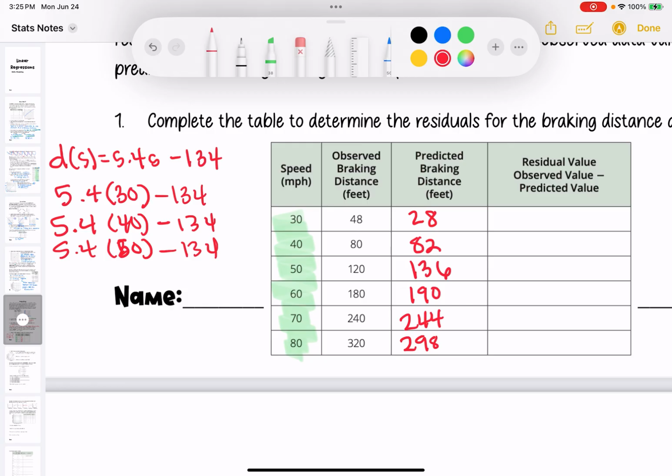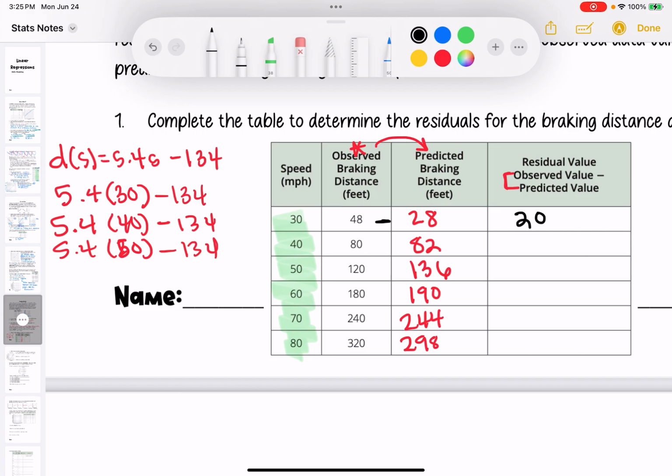Now we have to find the residual value, which is observed minus predicted. For the first one, I'm going to do 48 minus 28, which gives me 20.